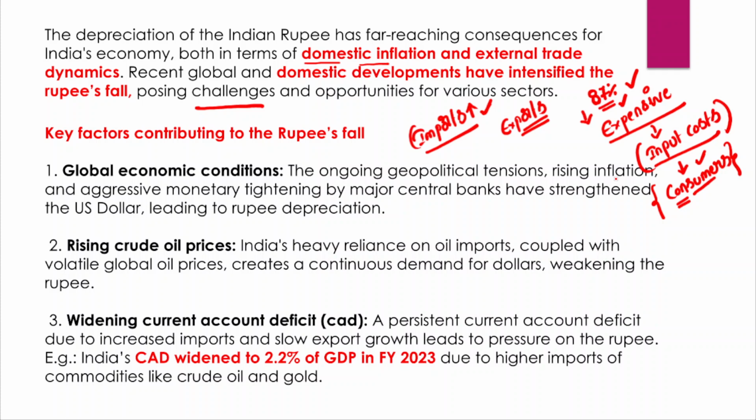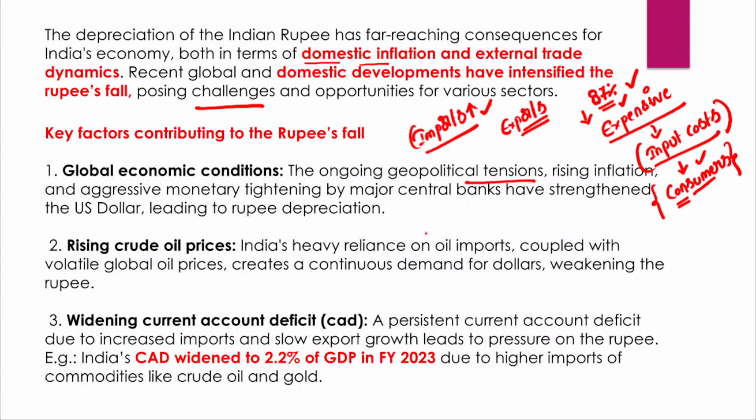International factors also contribute to the depreciation of rupee. Firstly, we need to talk about the geopolitical tensions: Russia-Ukraine war, Israel-Hamas conflict, Iran-Israel conflict, and Saudi Arabia-Iran conflict. So these geopolitical tensions should be understood, right?